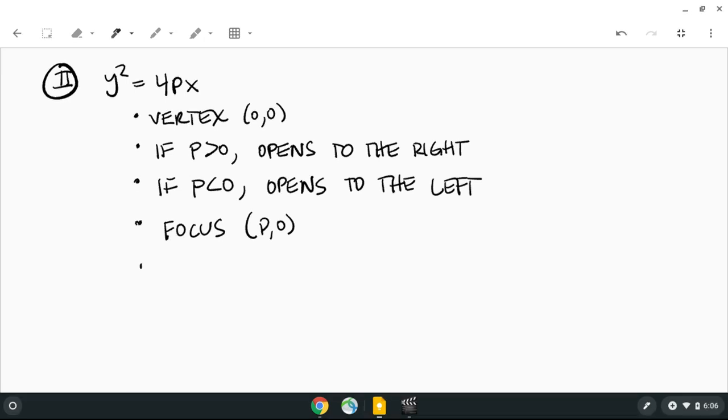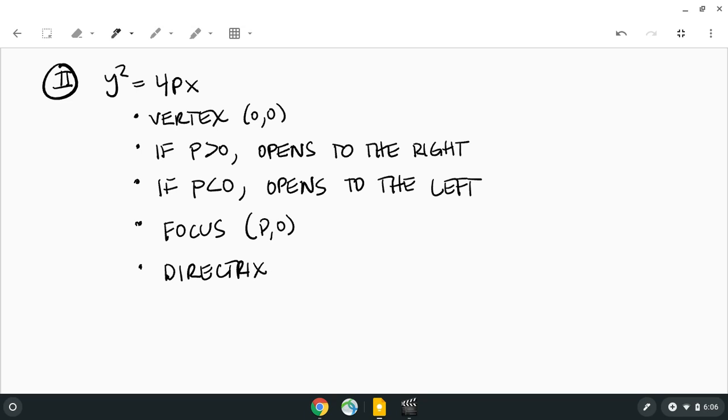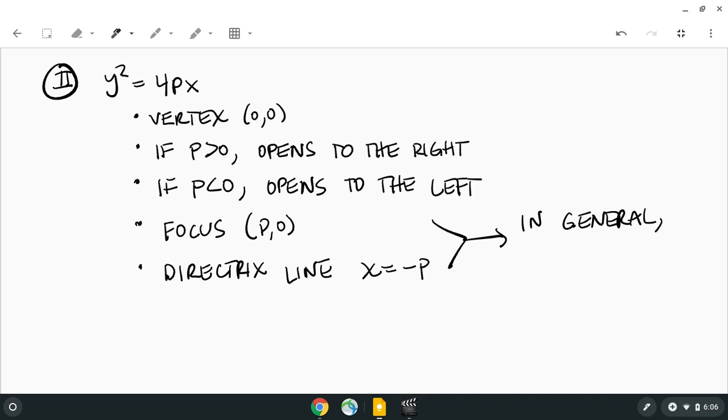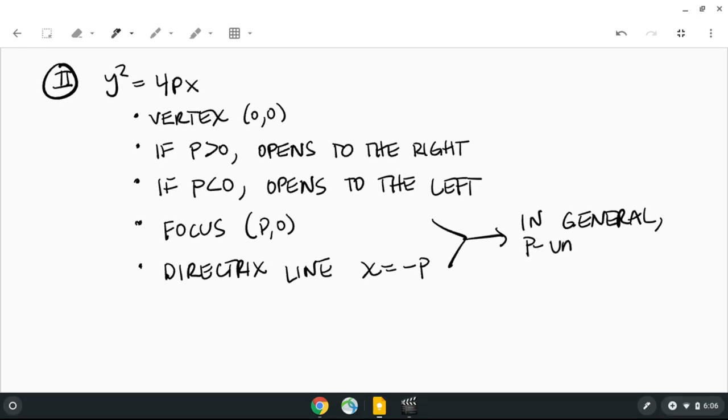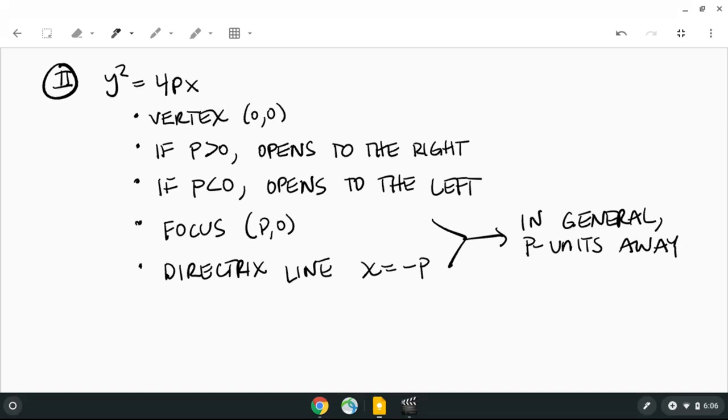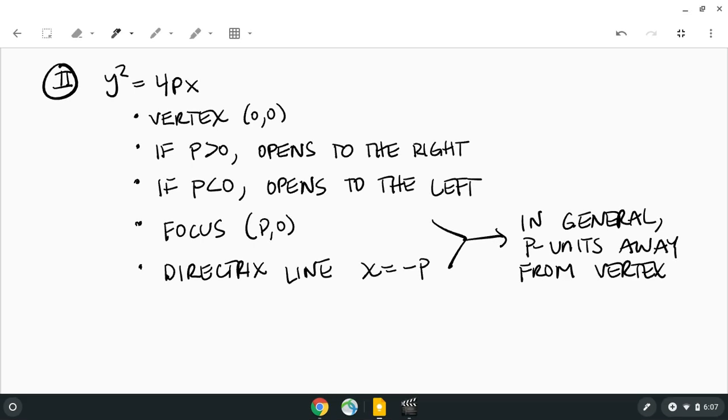And your directrix is still a line, but now instead of y equals negative p, it's going to be x equals negative p. And again, these two things are still going to be p units away from the vertex. The only difference now is that instead of going up and down, you're going to be going left and right p units.